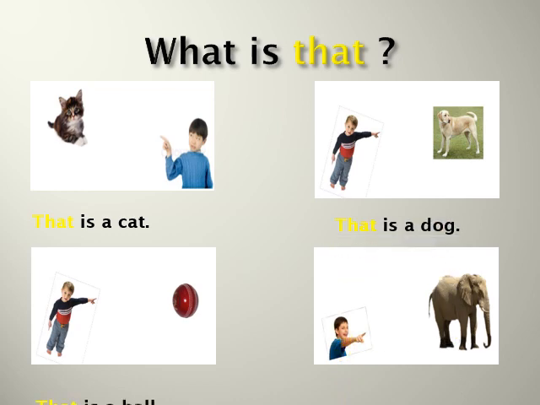That is a ball. That is an elephant. Again, you can see the word that is in yellow color in the question as well as in the sentence. So the question is, what is that? And every sentence begins with that.